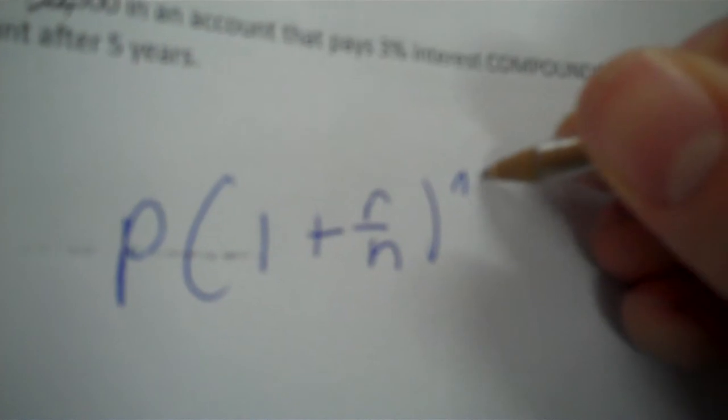So P(1 + r/n)^(nt) = A. P 2,500. r, take your 3%, move the decimal twice, so 0.03. n is 4, okay. t, that's the years.